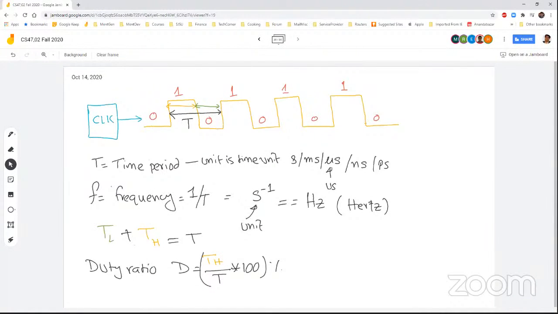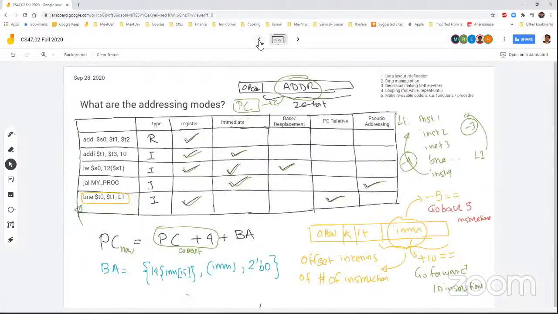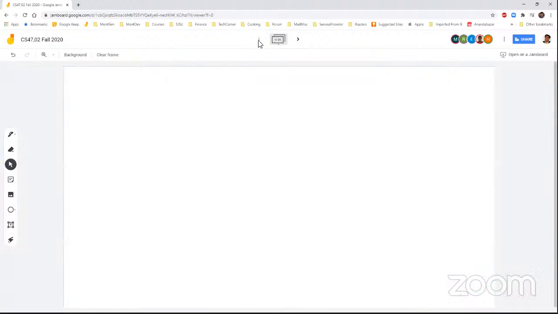All right, about the memories now, size, right? I'm out of the Jamboard, so I'll start reciting from the beginning. A memory is an information container, right?